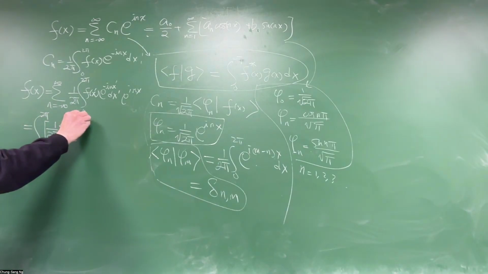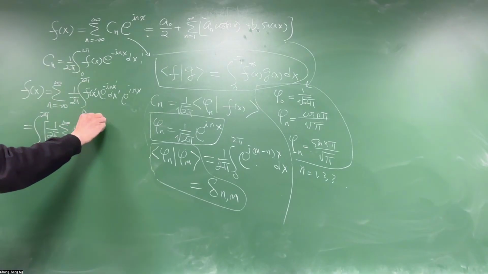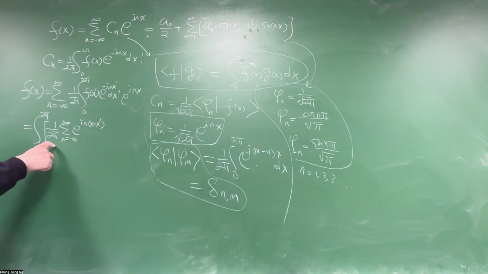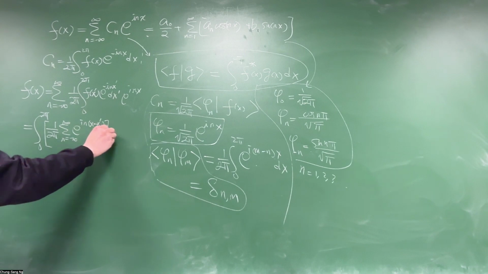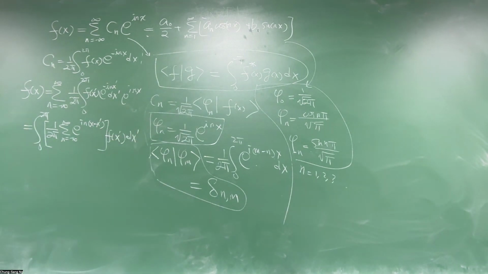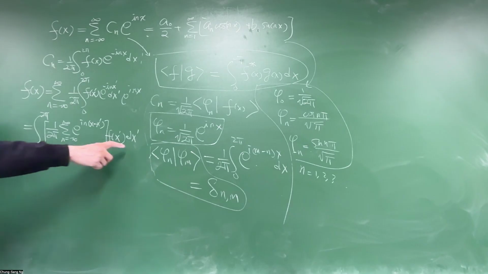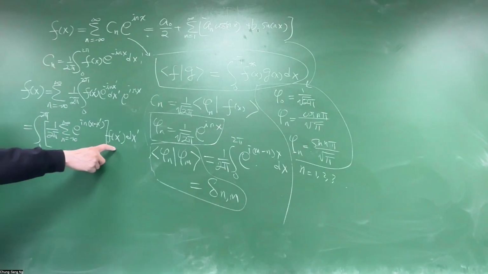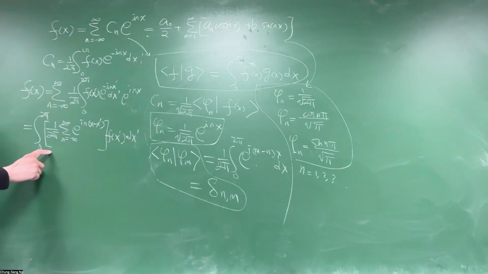Now you have e to the i n (x minus x prime), and then f. Okay, we group that. So you see that the form of this integral is like you integrate over the domain the same function that you want to explain, multiplied by something, and you get back the same function.